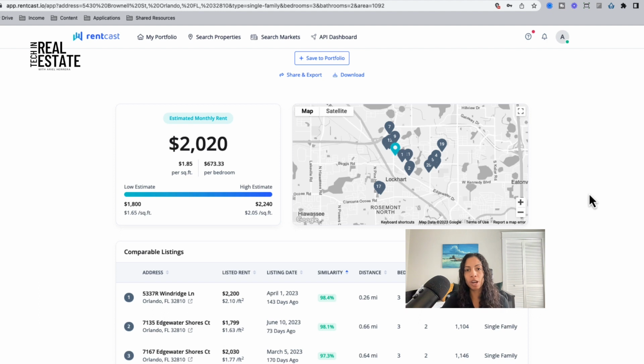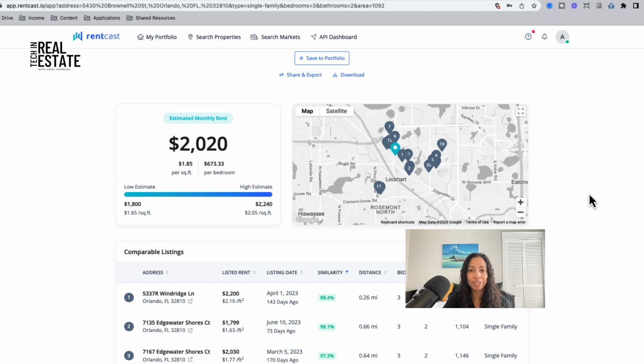Now, if you're new to rental comps, what this basically means is that we're looking at historical rent data, so other landlords who have posted their rental properties. We're looking to see what that price was of the rent, look at how close they were to the subject property, and then assess, okay, that property was also 3 bed, 2 bath, really similar to this one that we're looking at, the subject, so we likely can have rents around the same price.